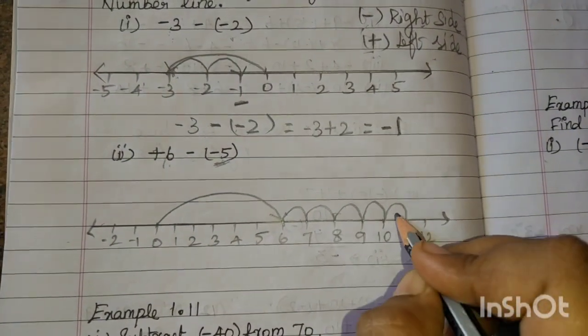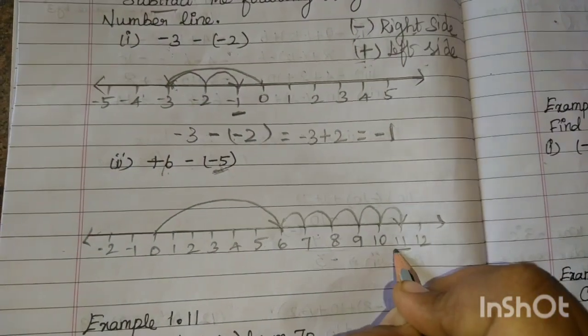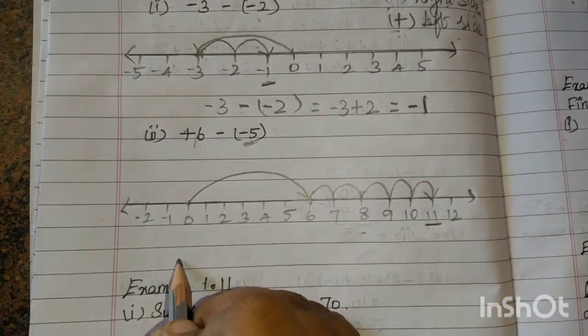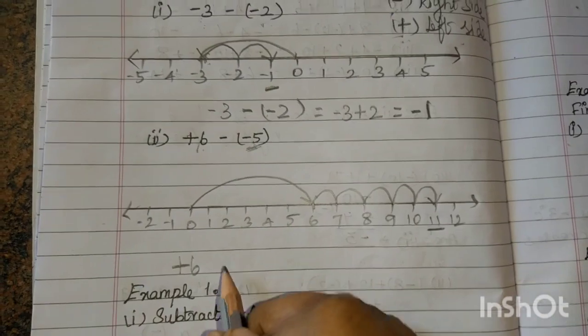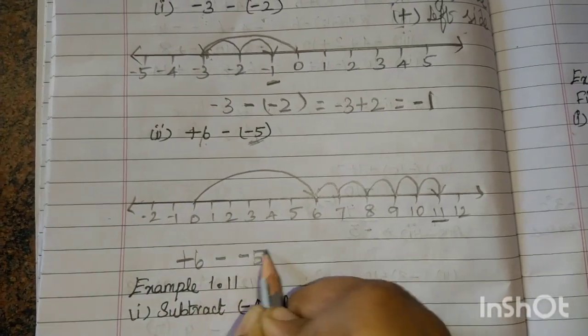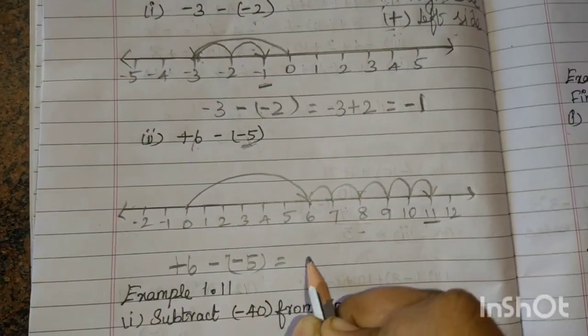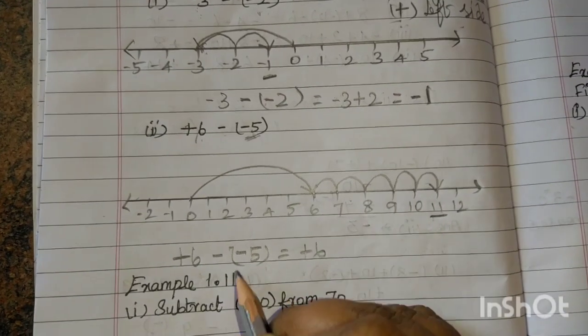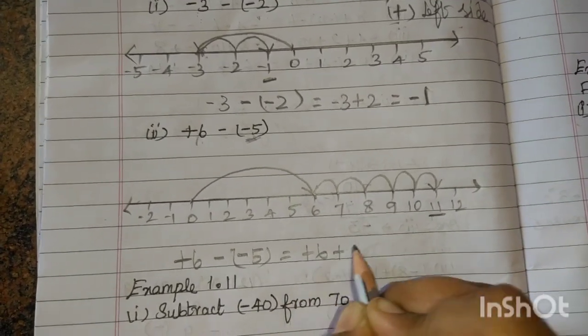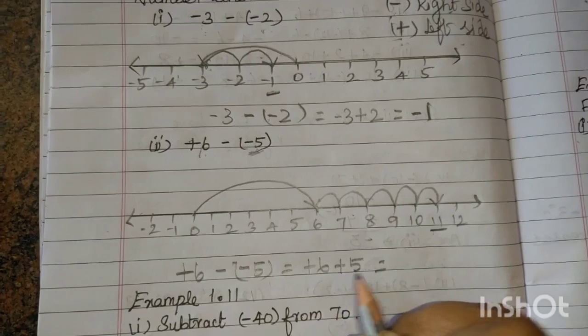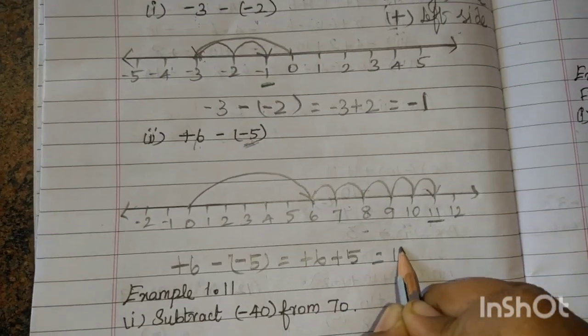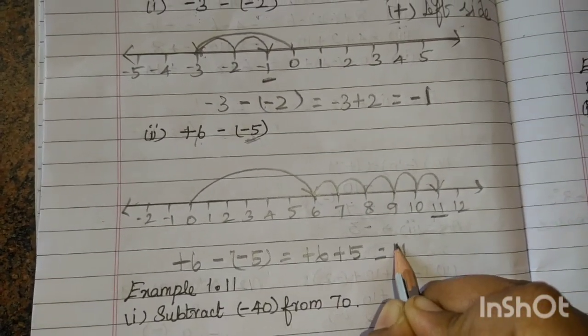If I move 5 times, my answer is positive 11. You write it here: plus 6 minus 5 equals plus 6, minus into minus is plus 5, equals 6 plus 5 is 11.